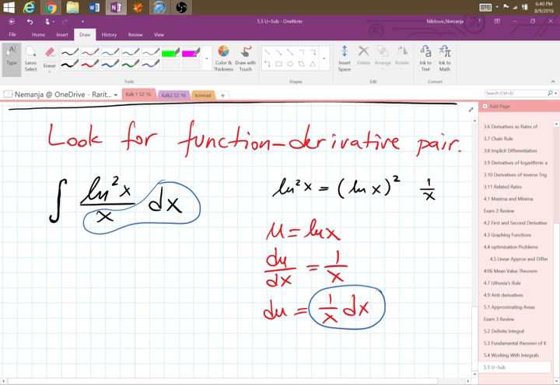So now, when you do a substitution, you get u squared du. That entire integral reduced to a very cheap, very easy u squared polynomial.